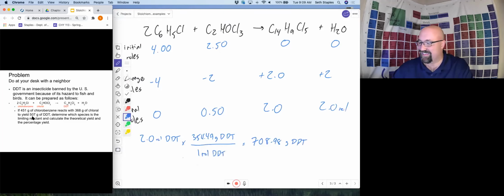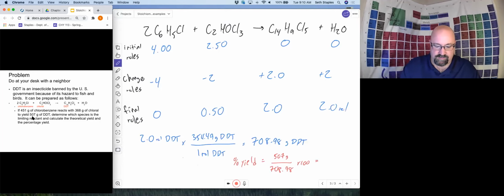We know to calculate percent yield, I'm going to, and I'll switch to red for that because why not? So my percent yield is going to equal my actual, the 507 grams that I did produce, divided by my theoretical, times 100 to convert to a percent.